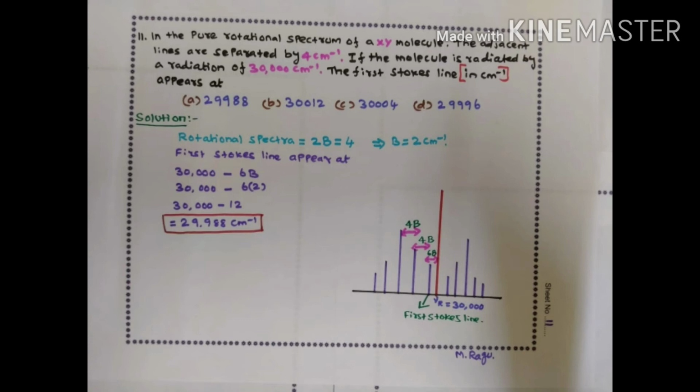The first Stokes line appears at 30,000 minus 6B. 6B, where 4B is the separation between adjacent lines. 30,000 minus 6B, 30,000 minus 6 into 2, 6 into 2 is equal to 12. 30,000 minus 12 is equal to 29,988 cm minus 1. So the answer is option A.